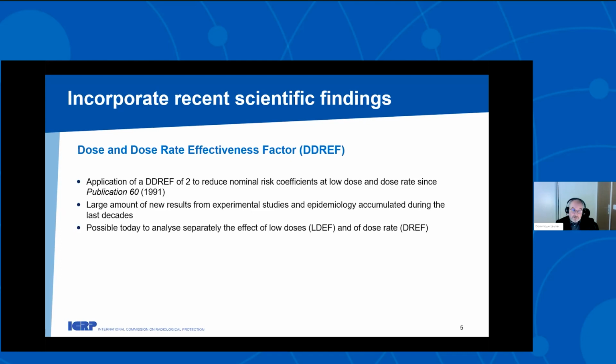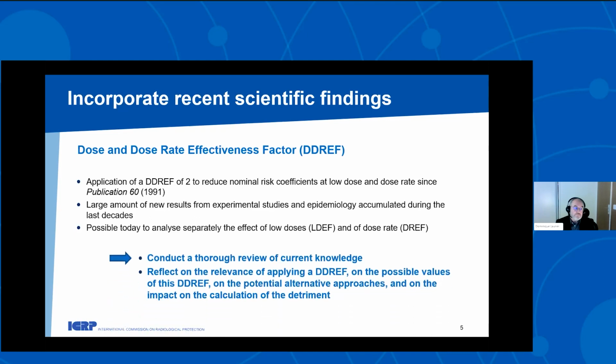And it's possible today to analyze much better separately the effects of low doses and the effect of dose rates, while both of these effects are included in the DDREF.